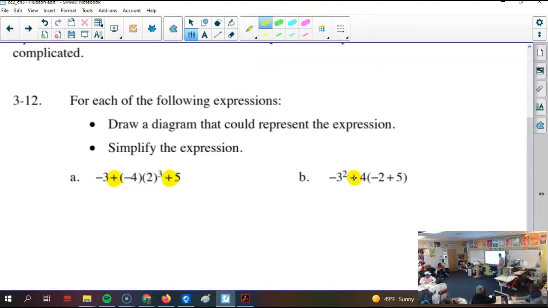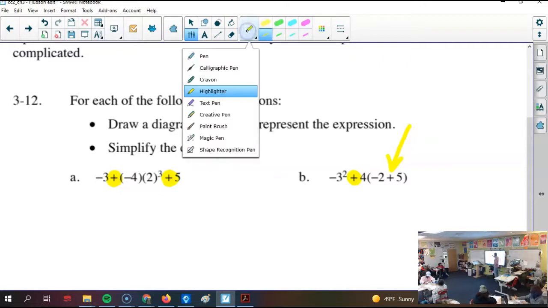Ooh, wait, hold on. I got a question. Does this split terms? No. Addition in the parentheses doesn't split terms. So my second problem here only has 2 terms.